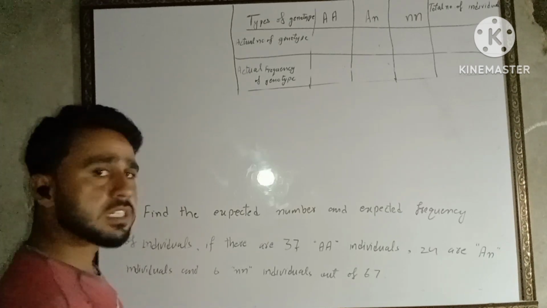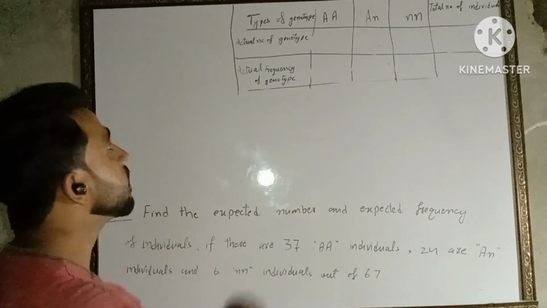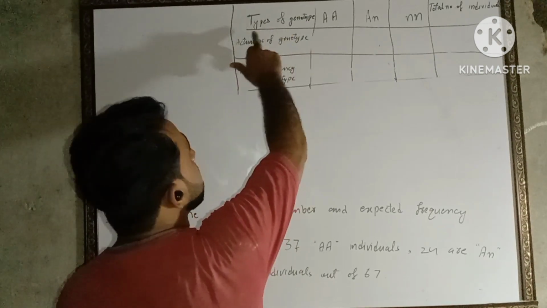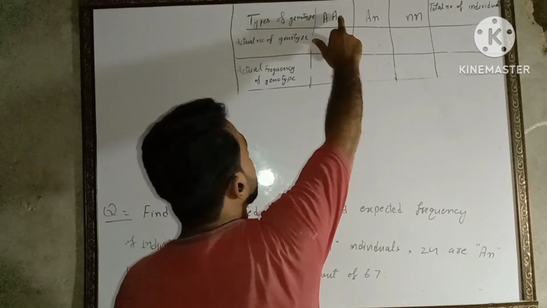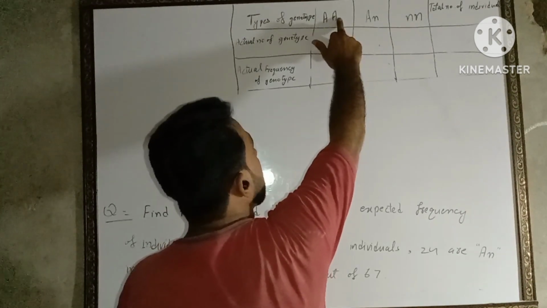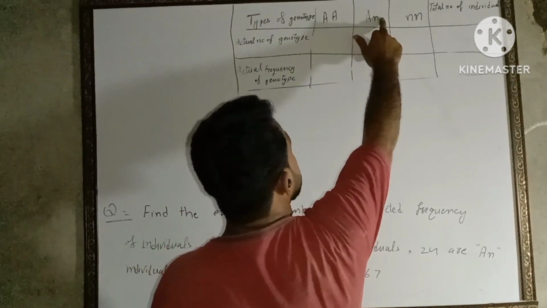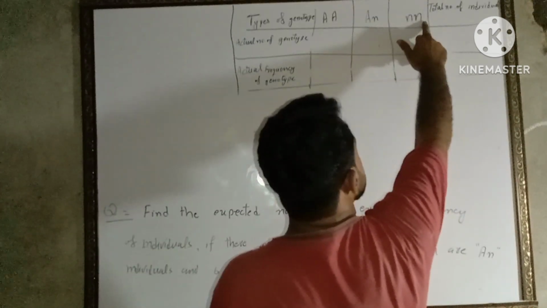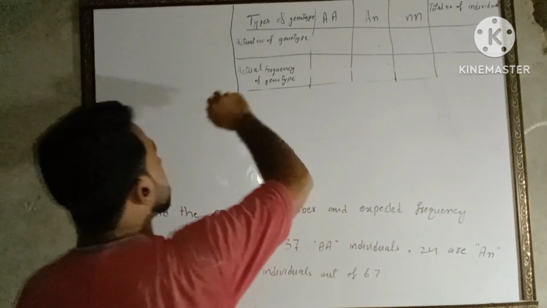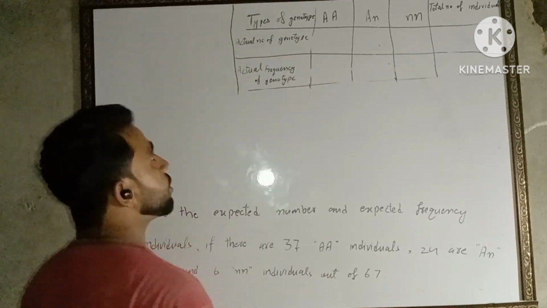Okay, first we will make a table like this, and in this table there are three types of individuals. The first type is homozygous dominant, another is heterozygous, and the third one is homozygous recessive. First we will write the actual number of genotypes.